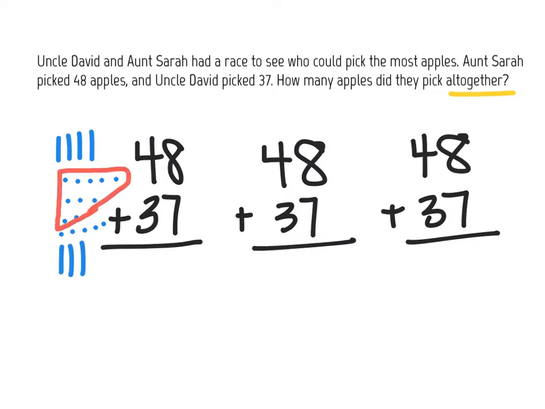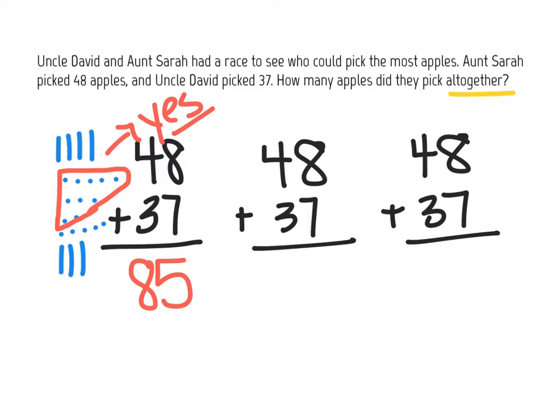Here is my 10. Now I'm going to count again. 10, 20, 30, 40, 50, 60, 70, 80, 81, 82, 83, 84, 85. I have 85. If I am counting tens and ones or sticks and circles, and I was asked if I made a new 10, I would say yes, because there is my new 10.